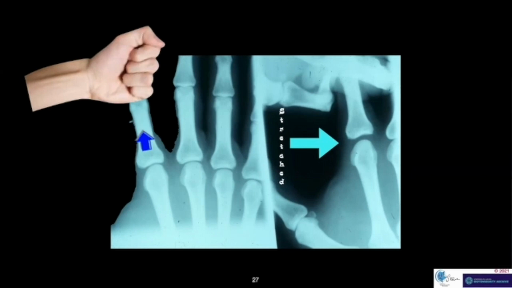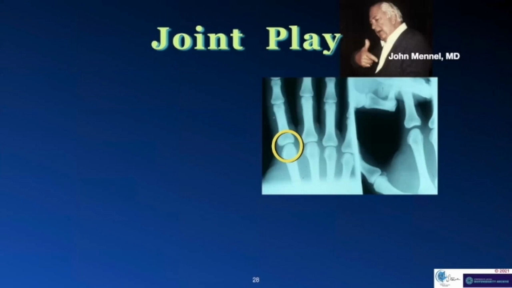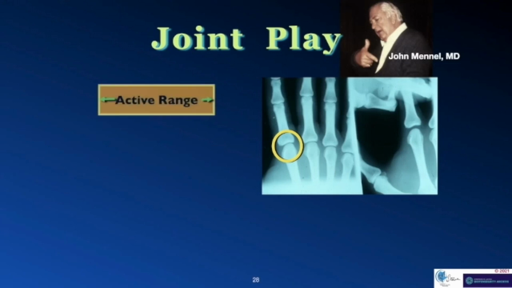And this is different than stretching muscle and fascia. There's a concept of John Mennell's, who was one of my mentors, probably number one mentor, and taught me about joint play. That there's an active range of your finger or any joint, so you can move your joints and fingers and you have that active range.